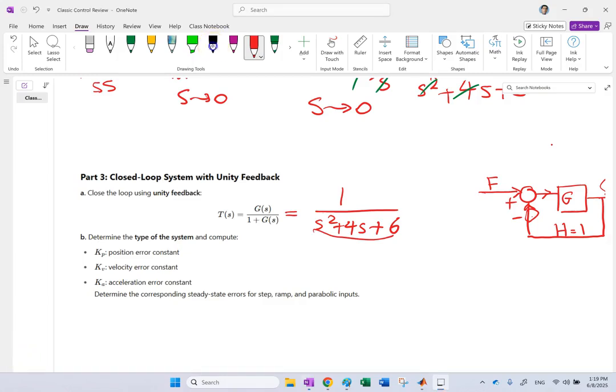Now, what is the type of the system? The order of the system is 2, clearly, because the highest derivative is 2. What about the type? Well, for the type, you need to, first of all, look at the G itself, not the closed loop.